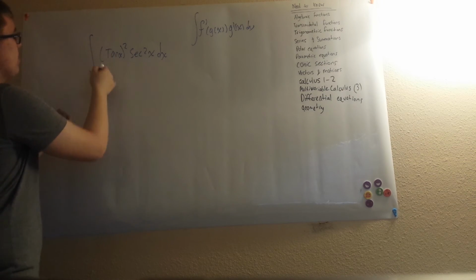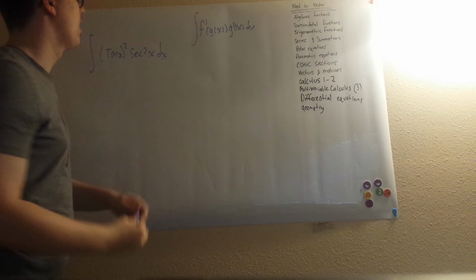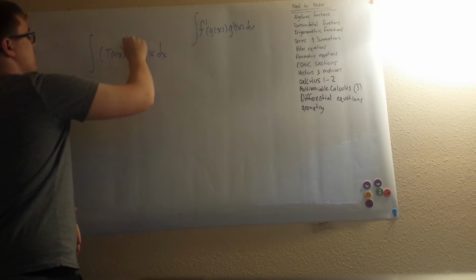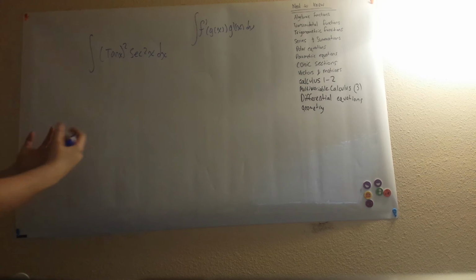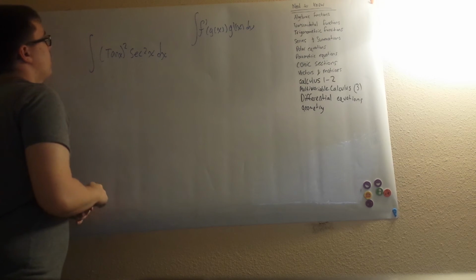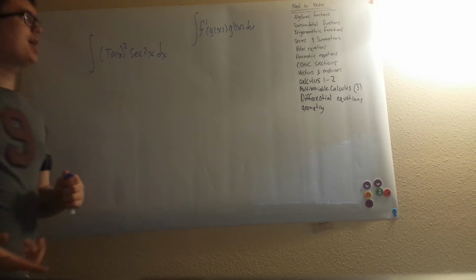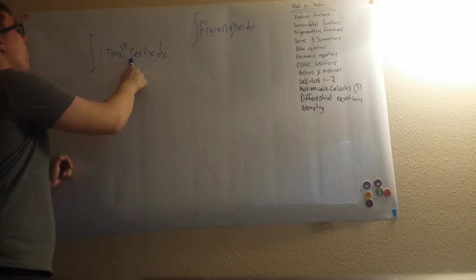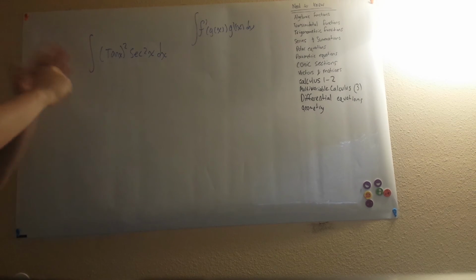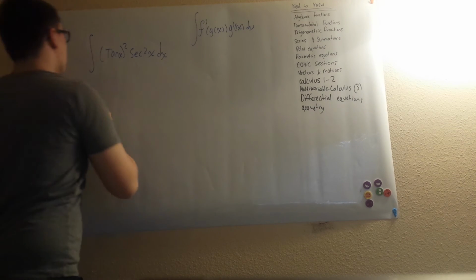I see a square and a tangent as a composition. The f prime in this case is whatever you have squared. g of x is tangent. Well, do we have the derivative of tangent here? What's the derivative of tangent? Secant squared x. Oh, it's in here. So we don't have to worry about it.